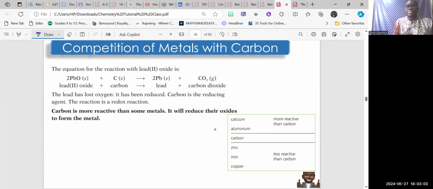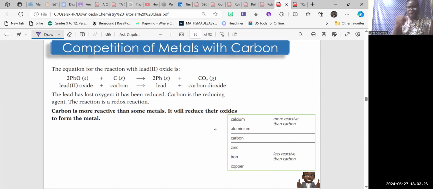For example, extraction of lead. If I need lead and I have lead oxide, all I need to do is take lead oxide and carbon, and heat them together in the laboratory. I'll keep heating it in a crucible. After a while, carbon dioxide will go away and my lead will be left behind in the crucible.